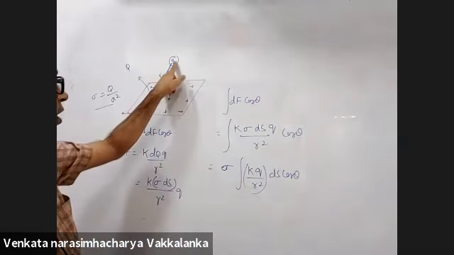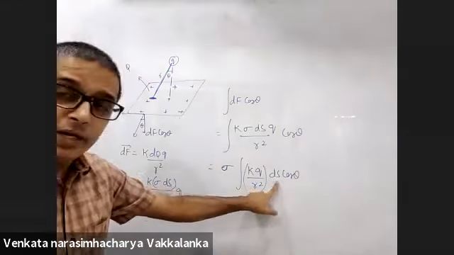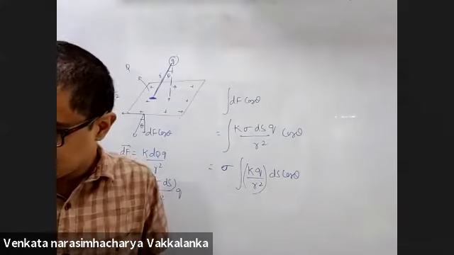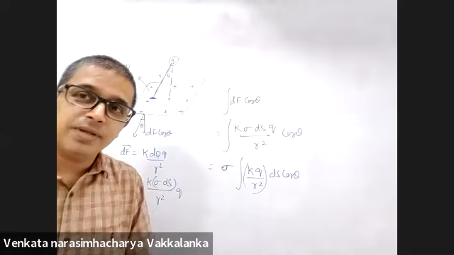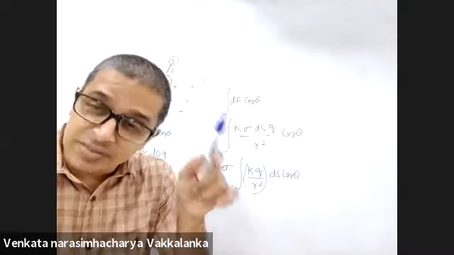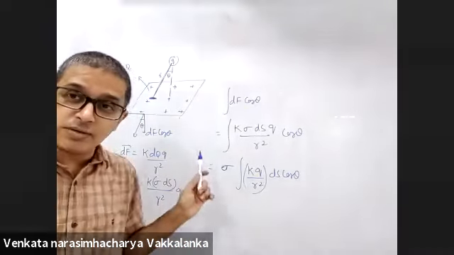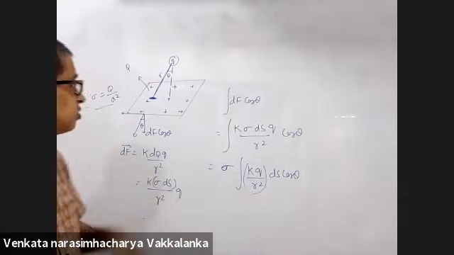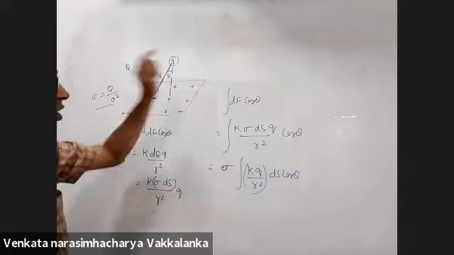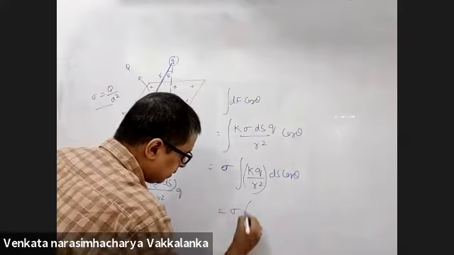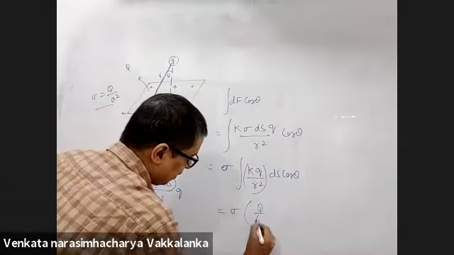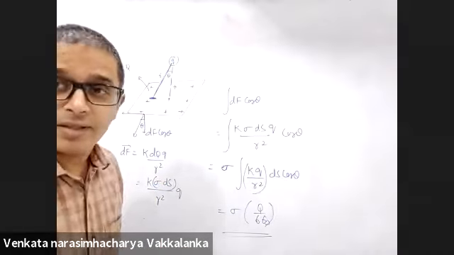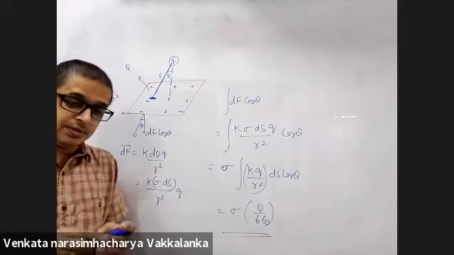This is field due to the charge, into dS cos theta will be what? Look, flux. And we have done that previously. Do you remember the flux due to this charge passing through this square plate? Q by 6 epsilon naught. Yes. Awesome, right? Yes, sir.